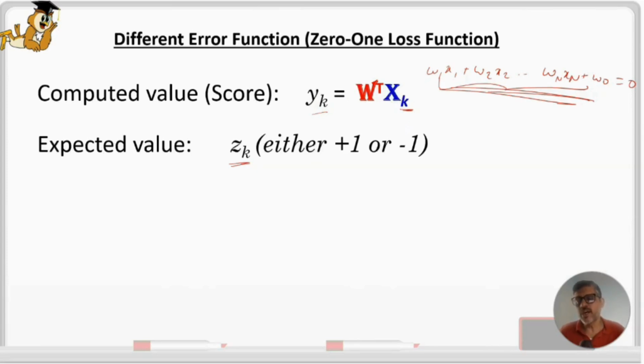So if your training data has m points in it, k would go from 1 to m, right? For each of these training data points, you also observed what the output was, and that is your expected value zk, the value that you observed for training data point k.